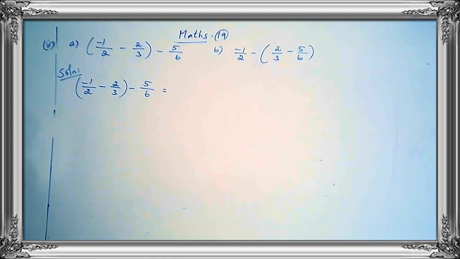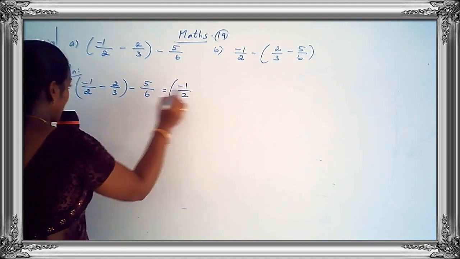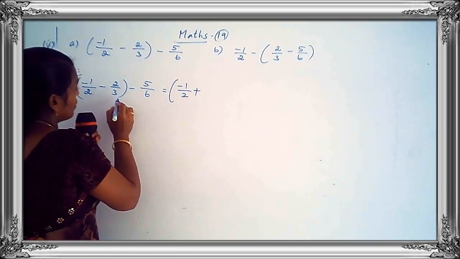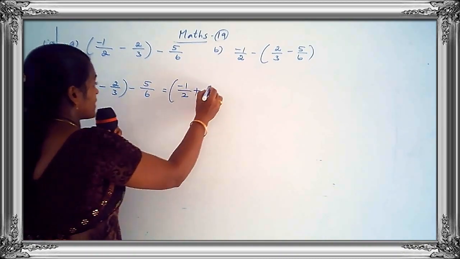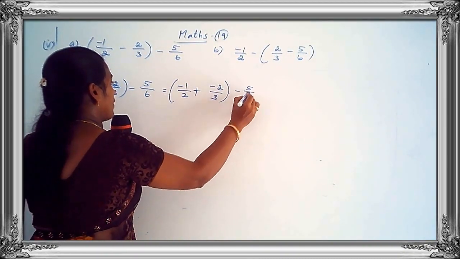Same only, while subtracting a rational number from another rational number, we add the additive inverse of the rational number to be subtracted. So minus 1 upon 2, minus sign into plus, that time we put the additive inverse. The additive inverse of 2 upon 3 is minus 2 upon 3, minus 5 upon 6.